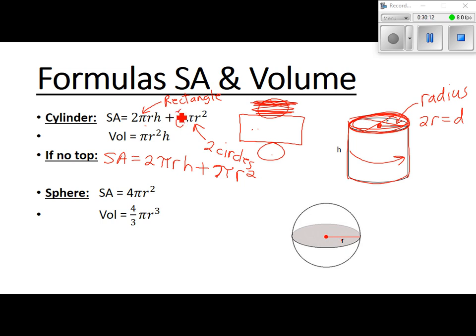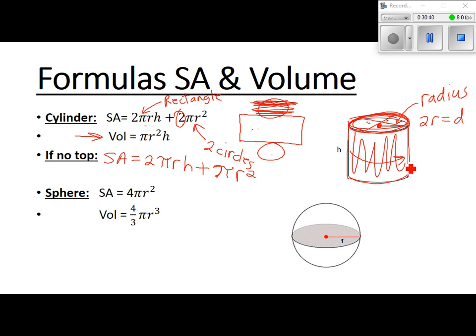We just got rid of that 2 in the formula, if there is no top. Now for volume, that doesn't matter. Because whether this has a top or not, it still holds the same amount of liquid or water or dirt or whatever you're putting inside that cylinder.